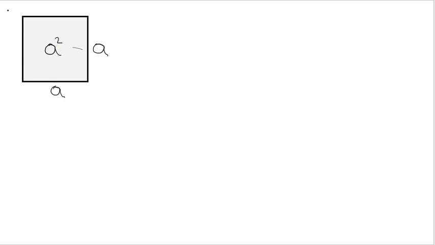Such as if we take a smaller area, just a small chunk, and subtract it from there. Let's call the sides of this smaller area B, and then its area would be B squared.